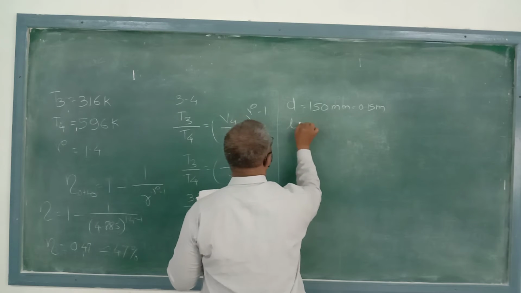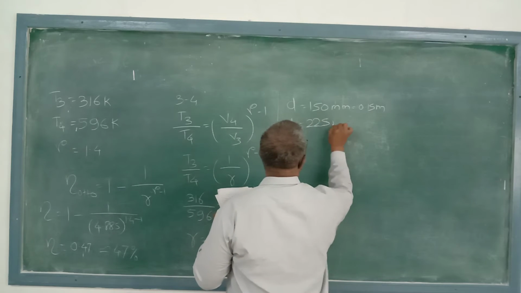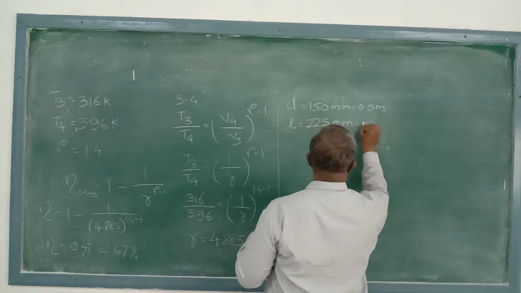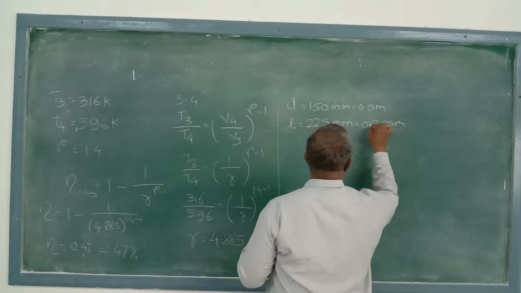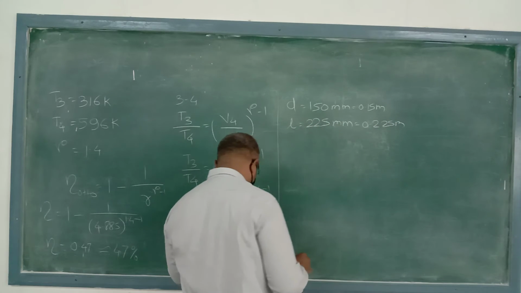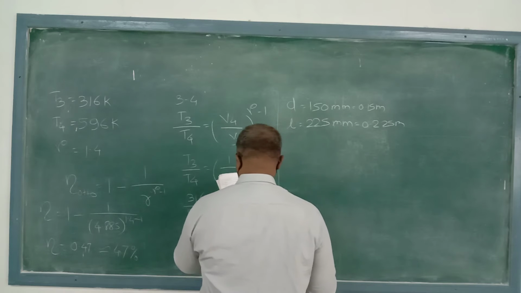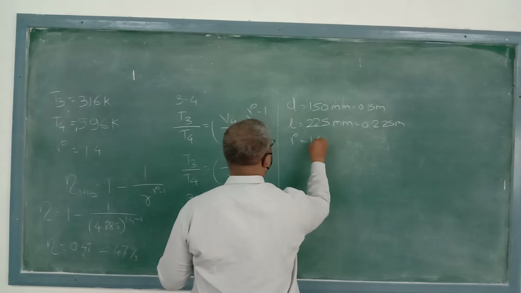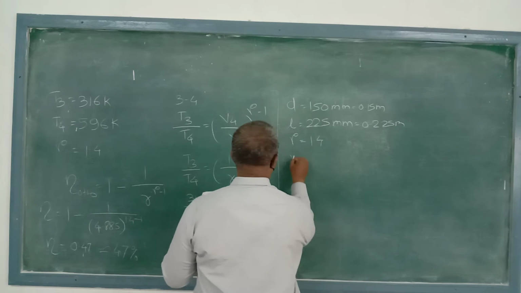Stroke means length, they have given stroke length. Next, the value of gamma is mentioned, and clearance volume they have given.